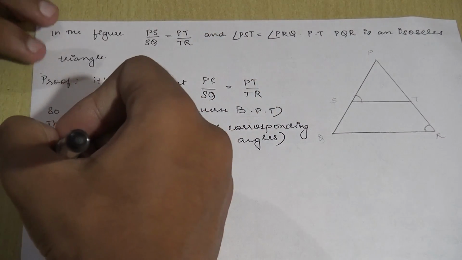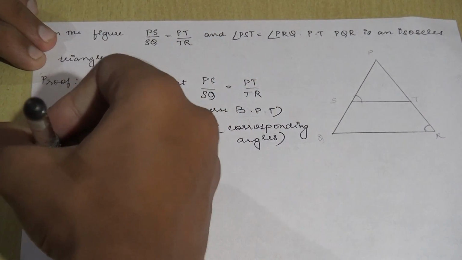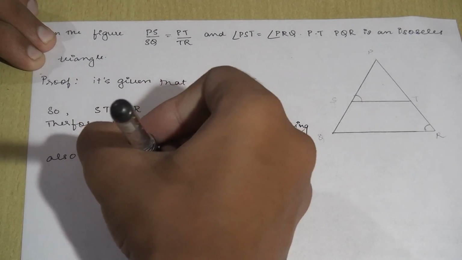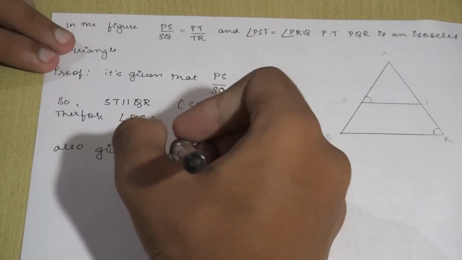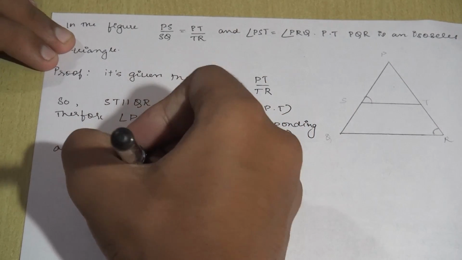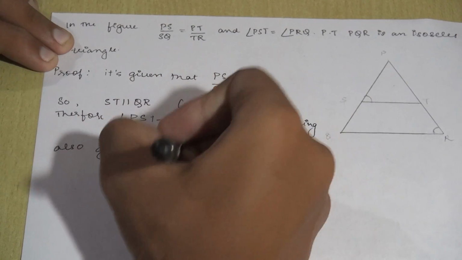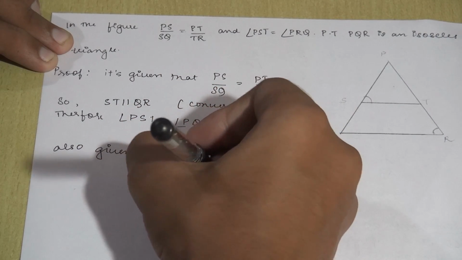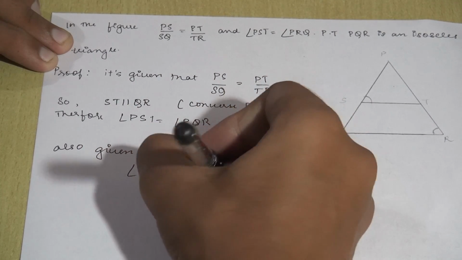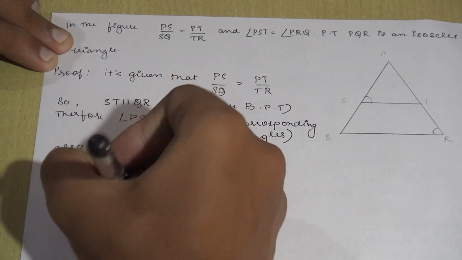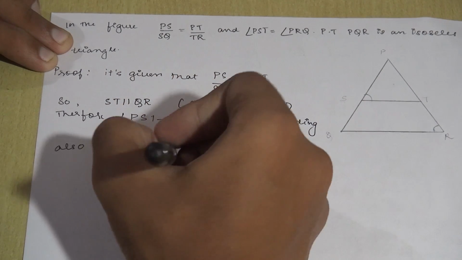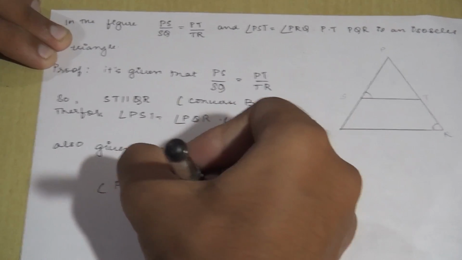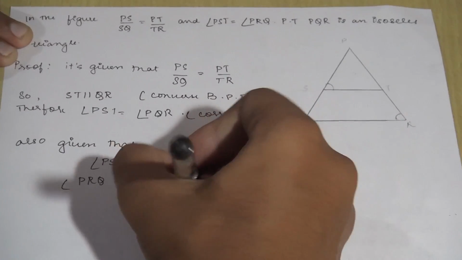And also it is given that angle PST is equal to angle PRQ. So angle PRQ is equal to angle PQR from 1 and 2.